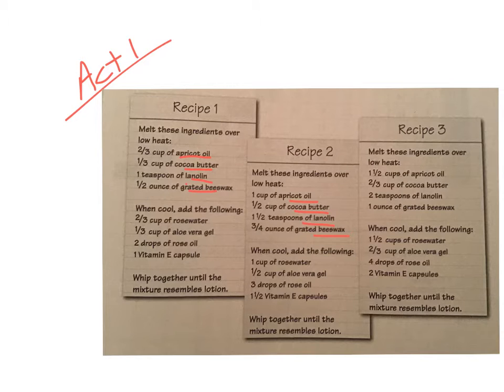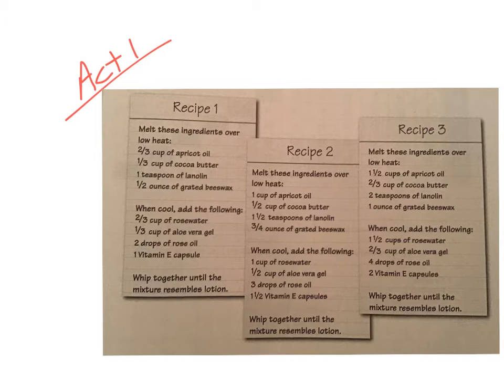Same, and same. So now we look at the extra things we're adding. Rose water, aloe vera, rose oil, and E capsules. Vitamin E capsules. All right, so all of the ingredients for all 3 recipes are the same. So far that's good. So now we need to compare what is in one recipe compared to the next recipe.